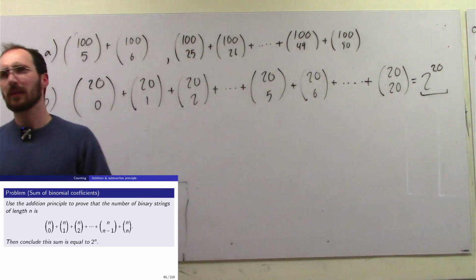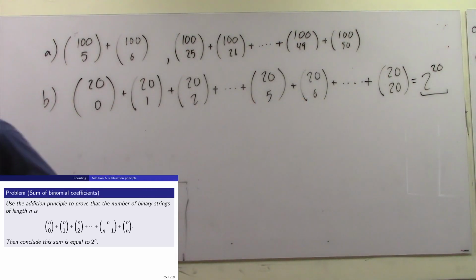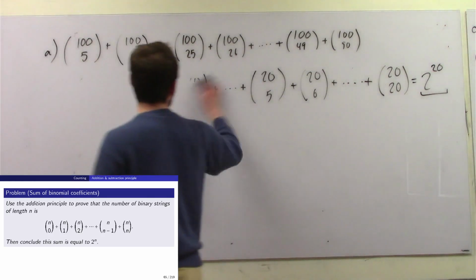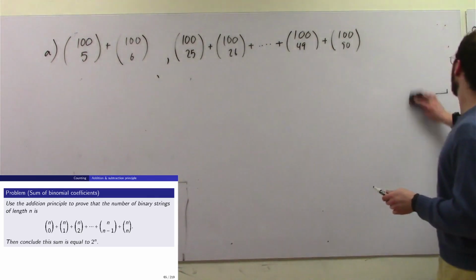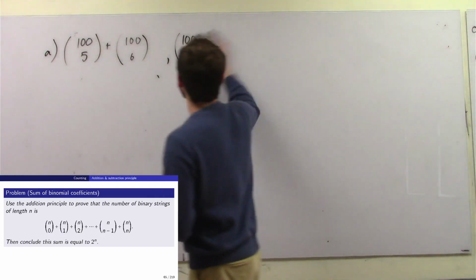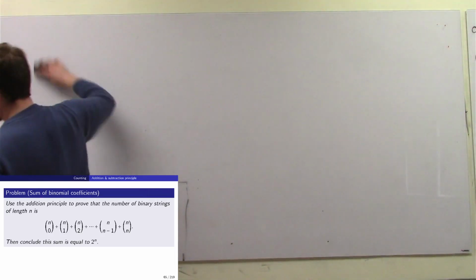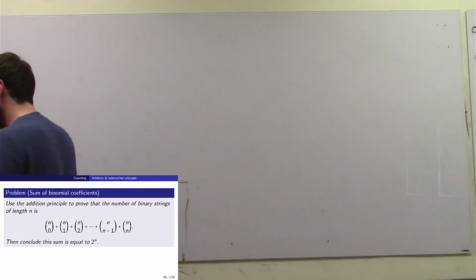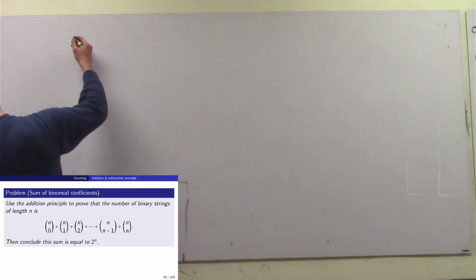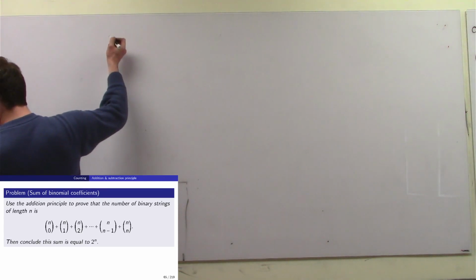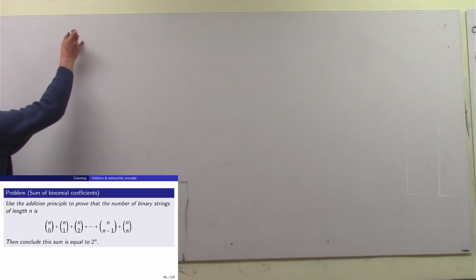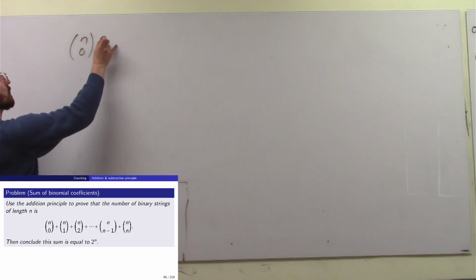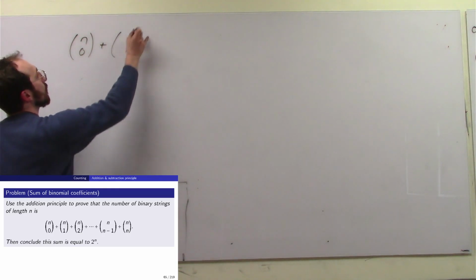So let's actually prove this in general. I think it's a little more helpful than looking at a specific case. So the number of binary strings of length n: I can decide how many zeros I put in my string.